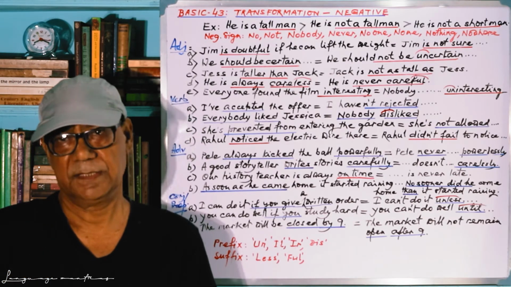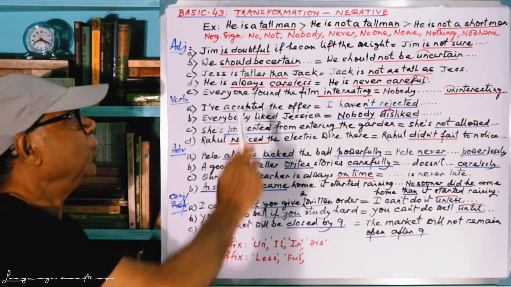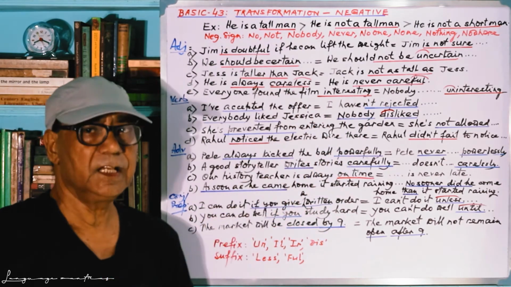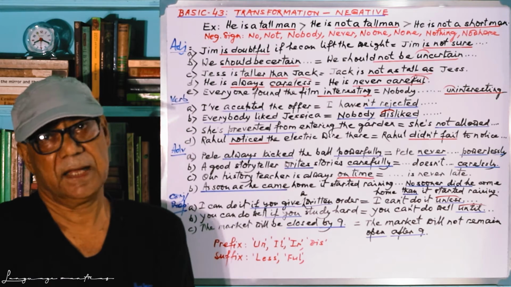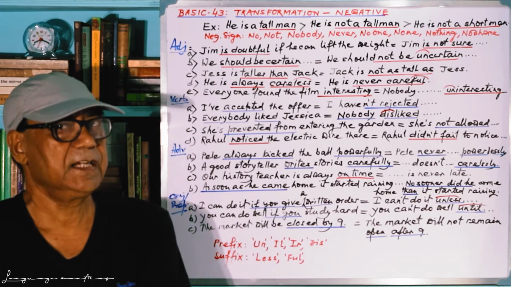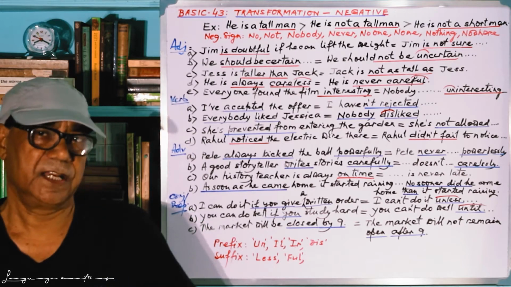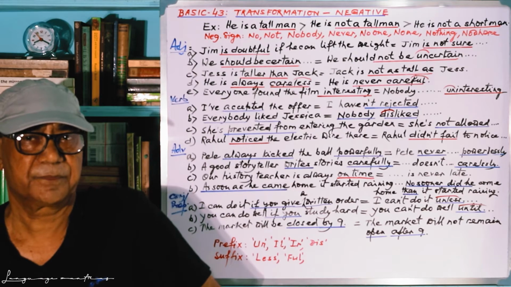The first option is to use a negative signature word like no, not, nobody, never, none, nothing, nowhere, etc. And it will straightaway make an affirmative sentence a negative sentence. In this case, the meaning of the sentence will change almost 180 degrees.